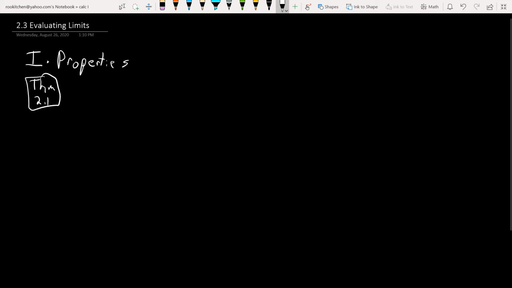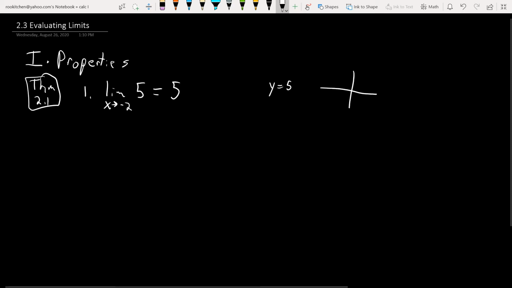There are three, and I'll give you examples. The limit as x goes to, let's say, -2 of a constant: the limit of a constant is just the constant. What does 5 represent? Well, 5 is a function, y equals 5, which is a horizontal line.